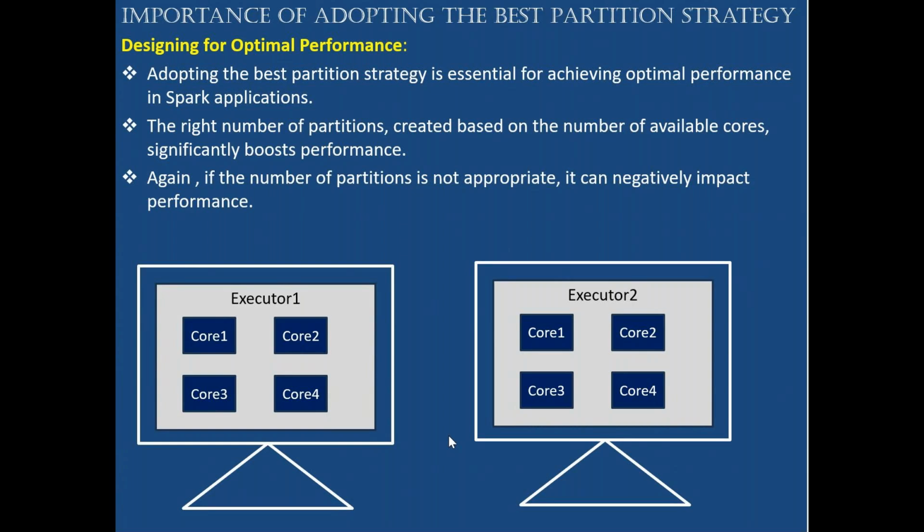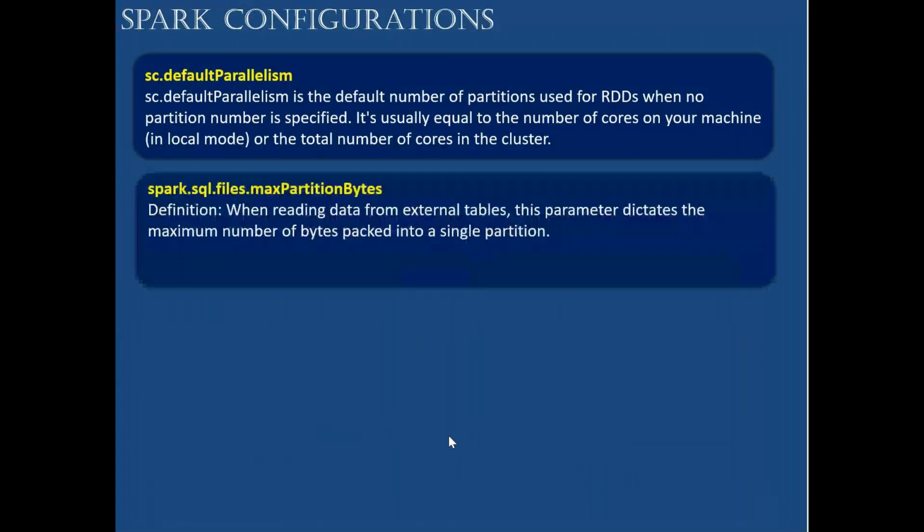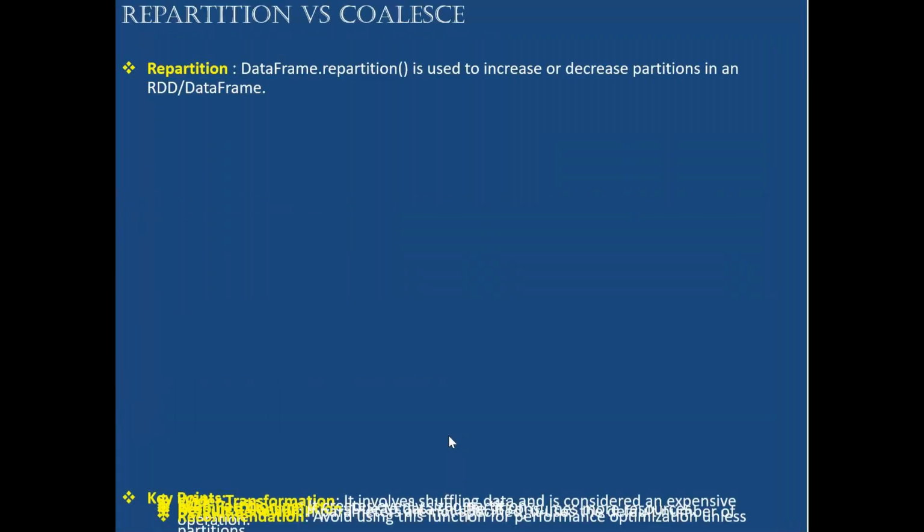It's like having 8 people but only 4 chocolates, or 8 developers working on a project but only 4 tasks, so the remaining 4 people are idle. That's why you must maintain a proper number of partitions to make sure all the cores get a task. These things we will also discuss today hands-on.